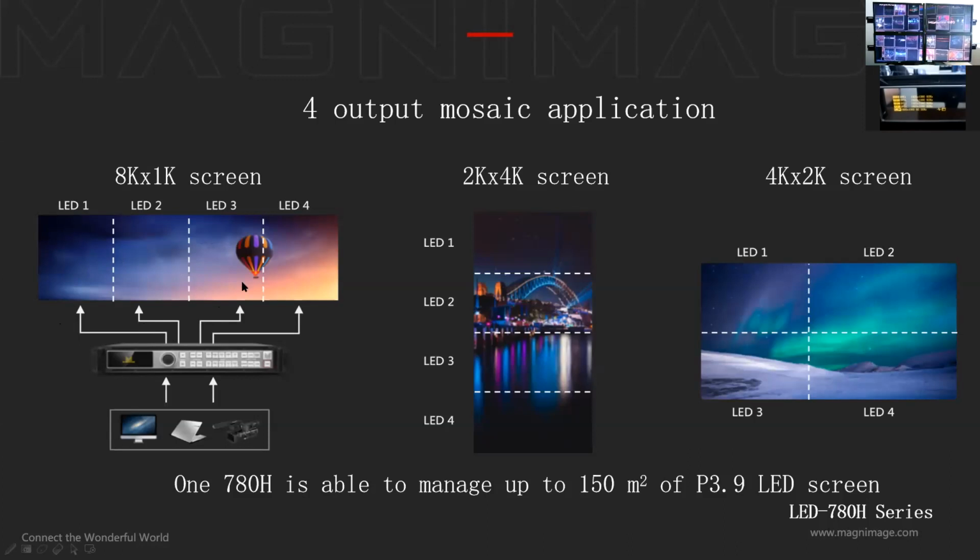Or you can do 2K by 4K screens. This one is usually for fixed installation, for like a big building. And this one is another application, 4K by 2K screens. So typically, the 780 is able to manage up to 150 square meters of P3.9 LED screens.